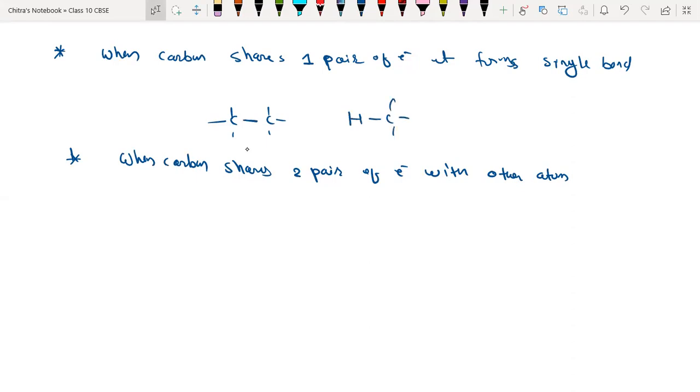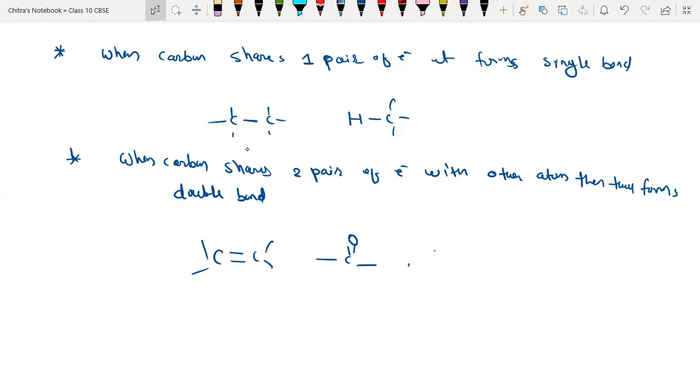If they share two pairs of electrons with another atom, then they form a double bond, like a carbon-carbon double bond.